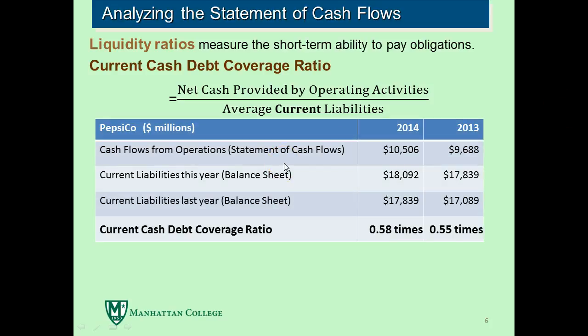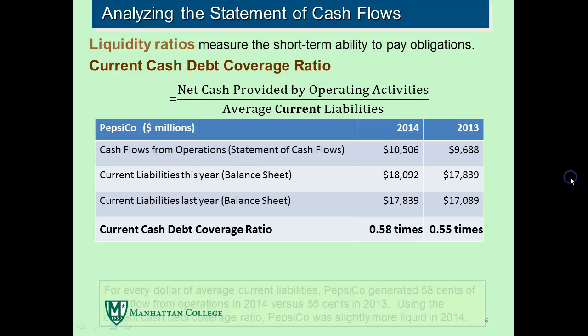Cash flows from operations we got from the statement of cash flows, current liabilities this year and last year from this year's balance sheet. To get them for 2013, I looked at the 2013 annual report to get 2012 current liabilities, and we calculated that cash flow from operating activities was not quite enough. We didn't generate quite enough to cover our average current liabilities in either year.